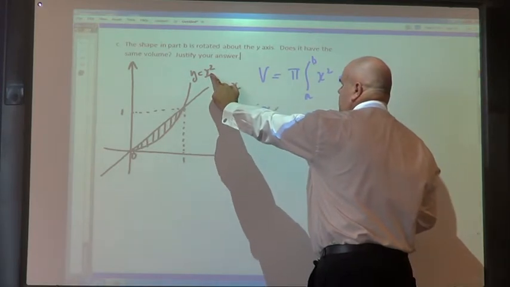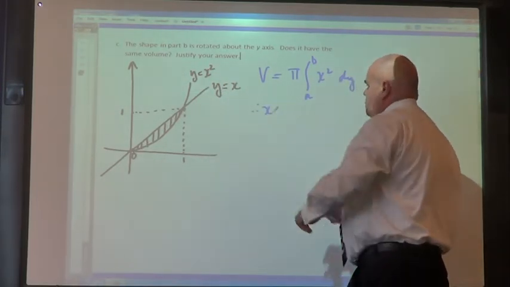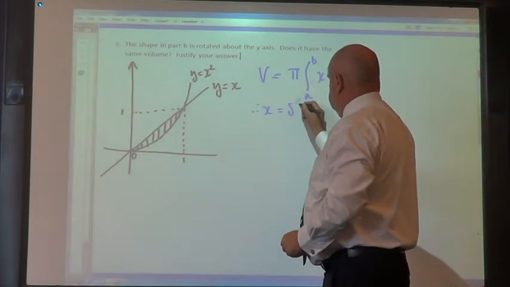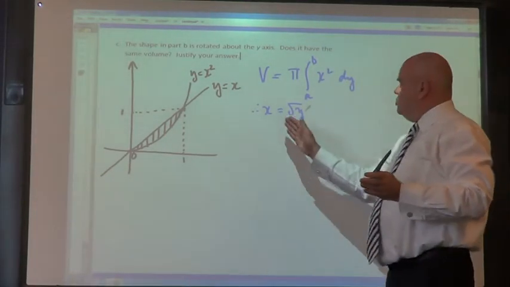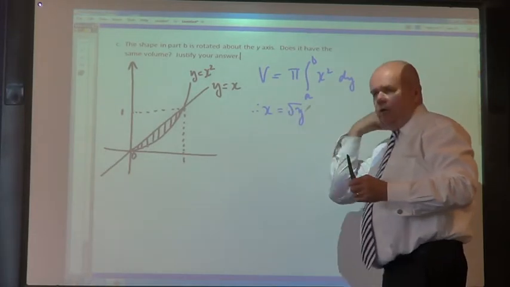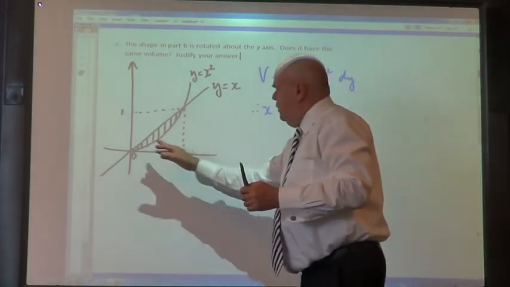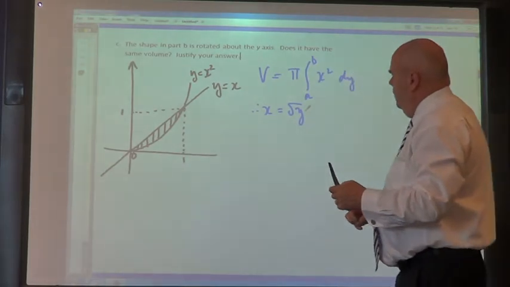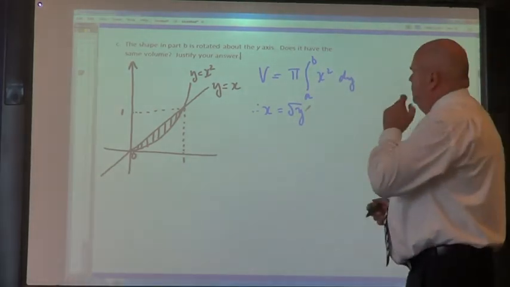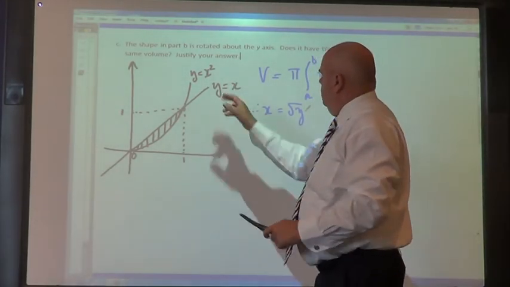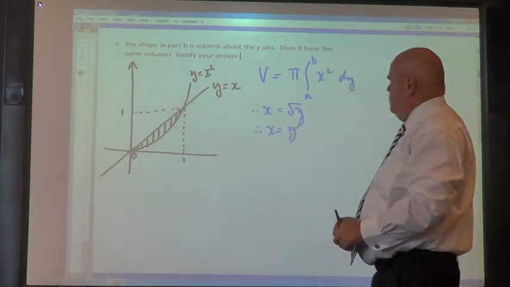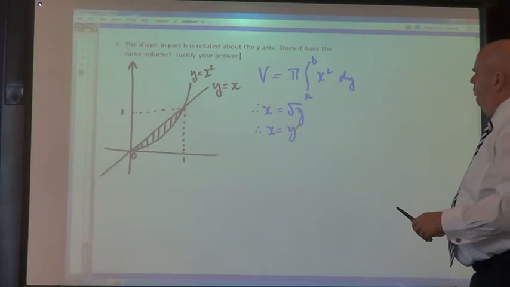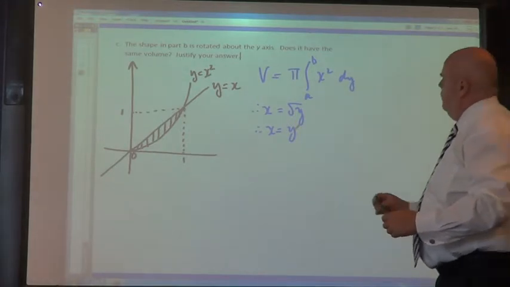We take the square root of both sides to reveal that x equals the square root of y. Generally speaking, when you take the square root of both sides, you need to consider the positive and negative case. In this case, not so, because we know we're in the positive region only. Now if we reverse it, x is the subject of our equation, and that is no problem at all.